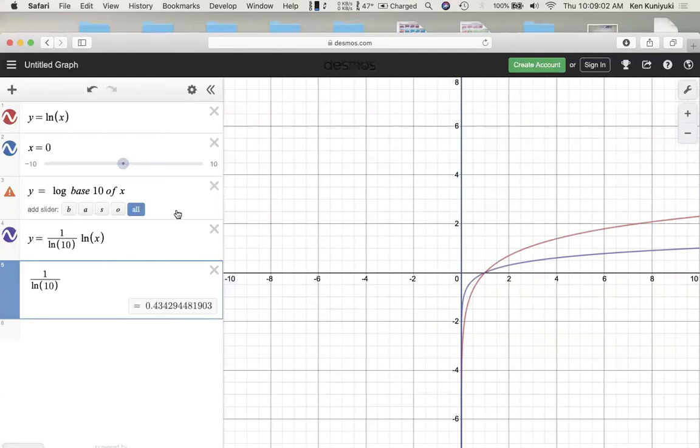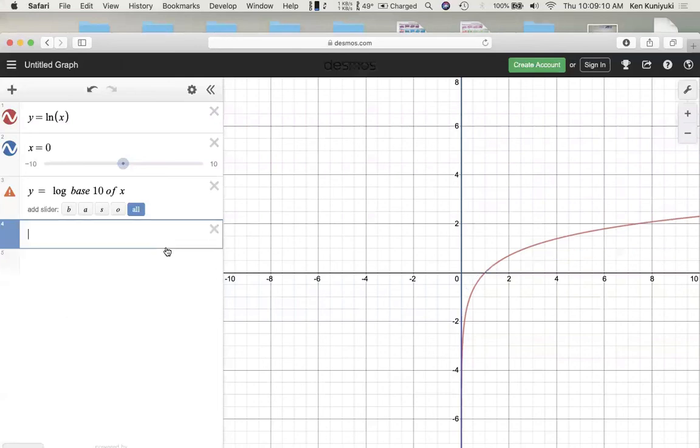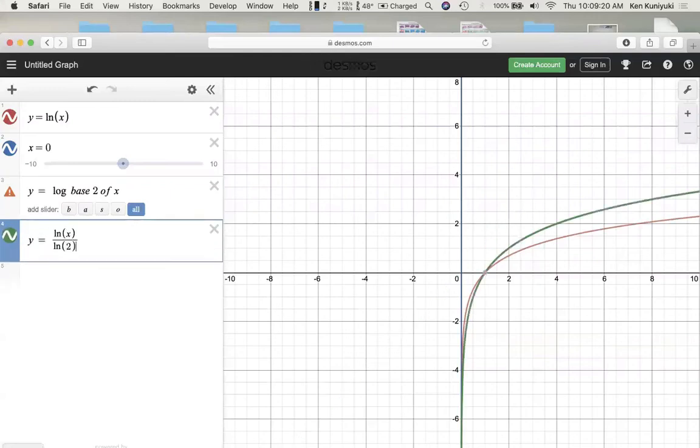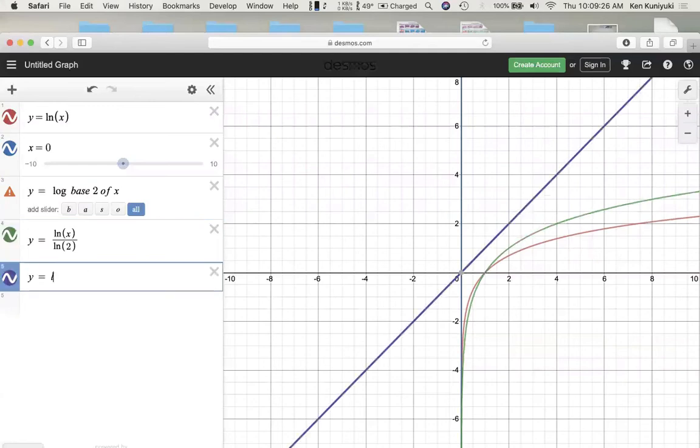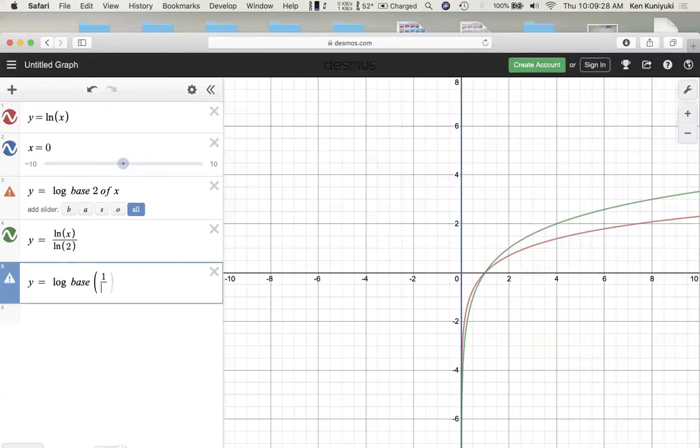Okay, now let's consider this over here. Y equals log base 2 of x. Let's go back to him. Y equals ln of x all over ln of 2. All right, that was a vertical stretch. And now I'm going to consider y equals log base 1/2 of x.